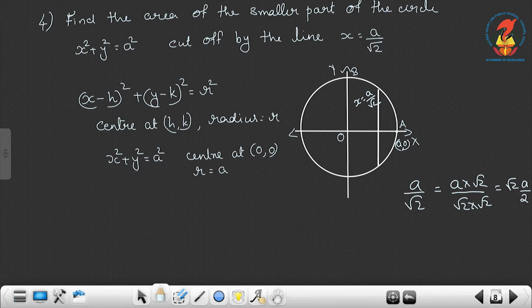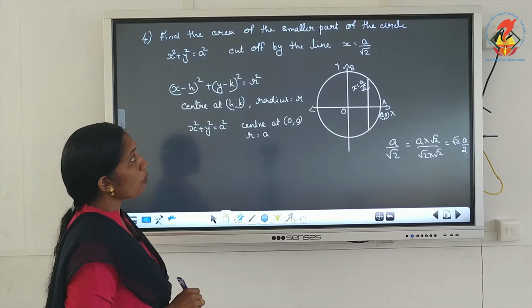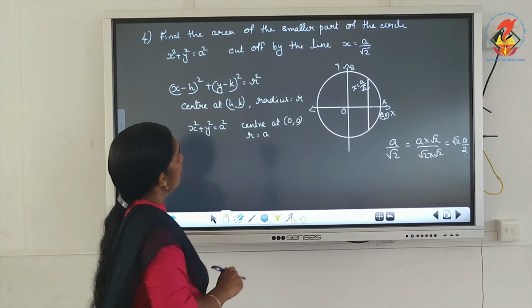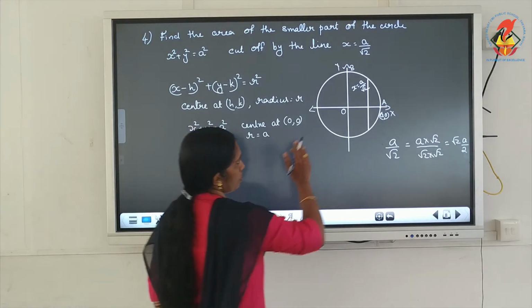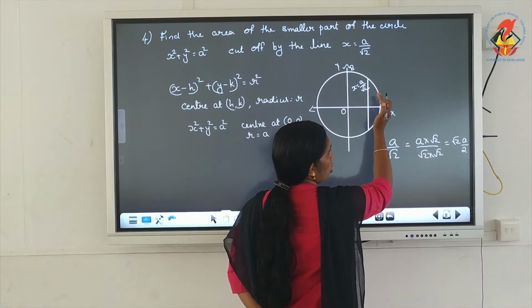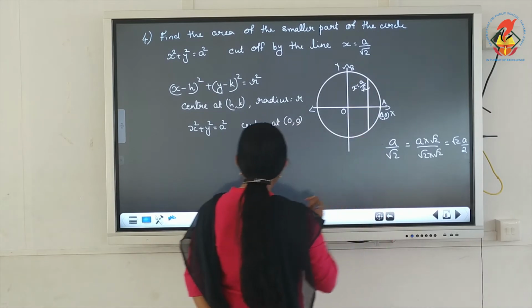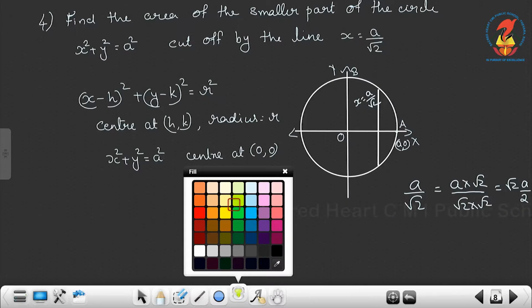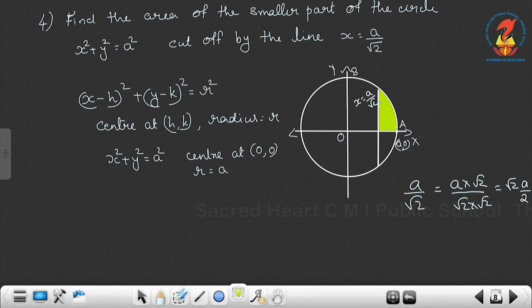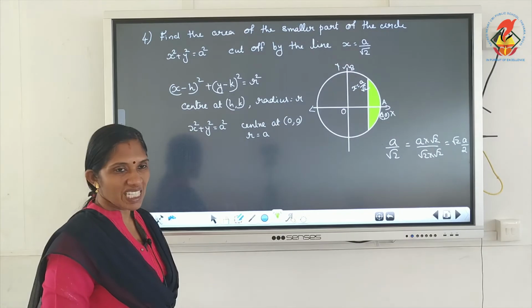Now where do we shade? The area of the smaller part of the circle cut off by the line. This area is smaller than this portion, so we can shade that. That region is the required region, and both the upper and lower portions are symmetric.